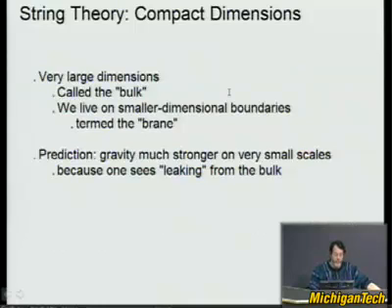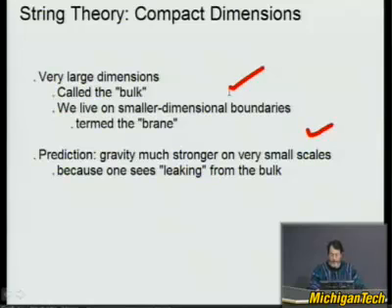Okay, as I said, very large dimensions can be called the bulk. We live possibly on lower-dimensional boundaries between bulks, sometimes called branes, membranes between bulks. So one prediction is that gravity is much stronger on very small scales. This is important because it's actually a prediction of string theory, which we'll get into in a little bit, because gravity is leaking from the bulk.